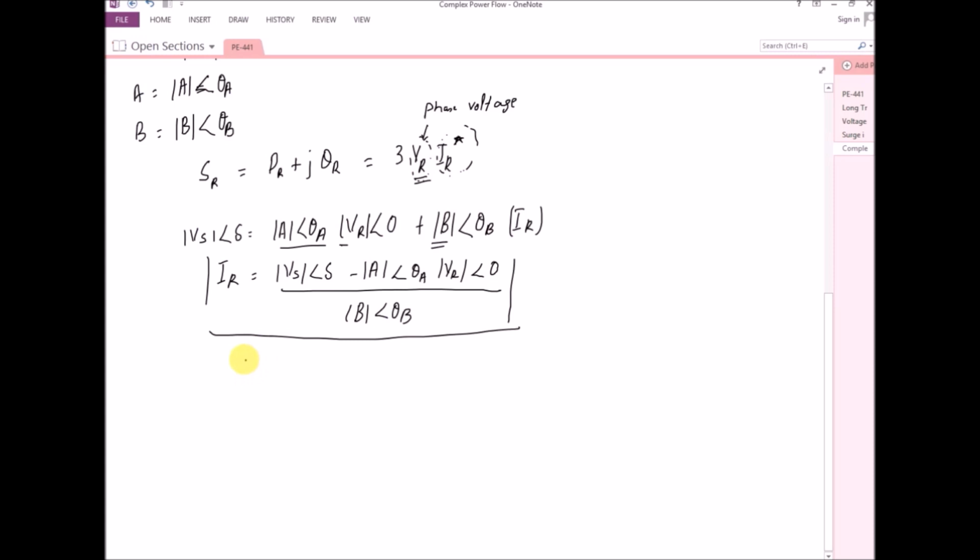Now what we had to find was the receiving end complex power. We already know the receiving end voltage, and now we also know the receiving end current.